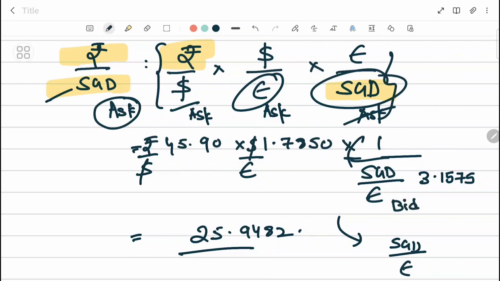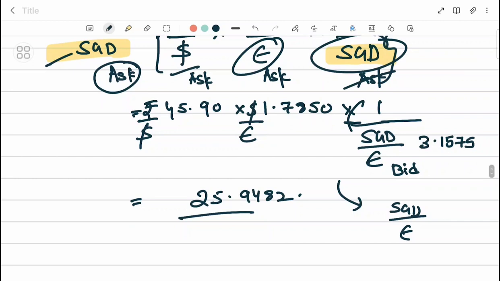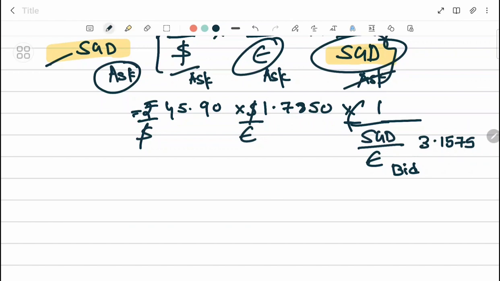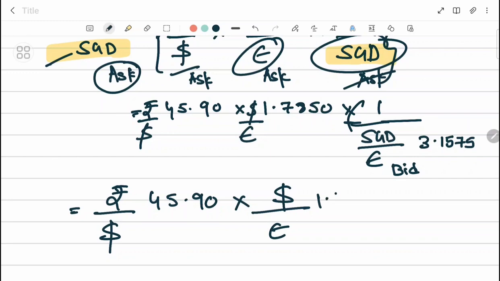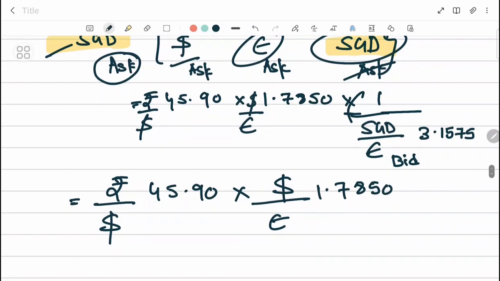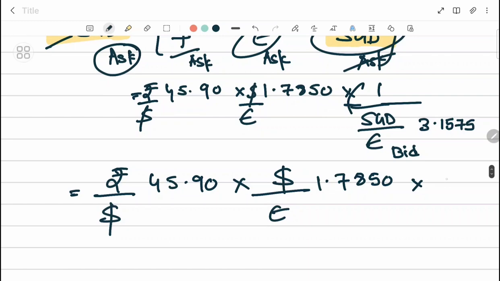Wait, let me write this clearly so there is no confusion. Once again we'll write rupee by dollar 45.90 into dollar by pound 1.7850, and this comes in the numerator, pound by SGD, that is 1 upon 3.1575.